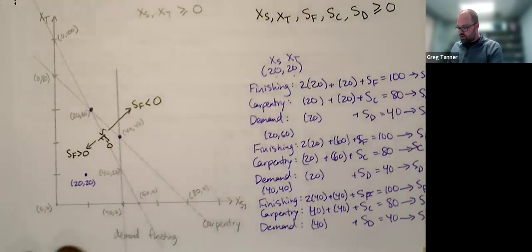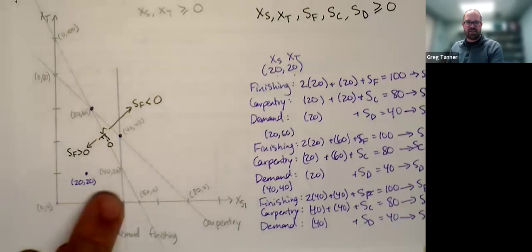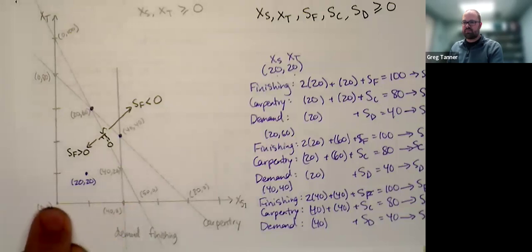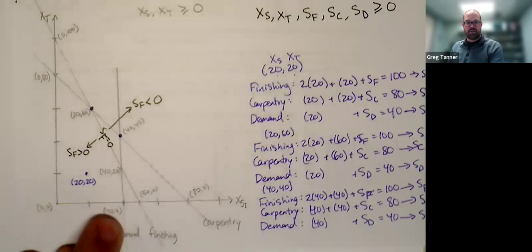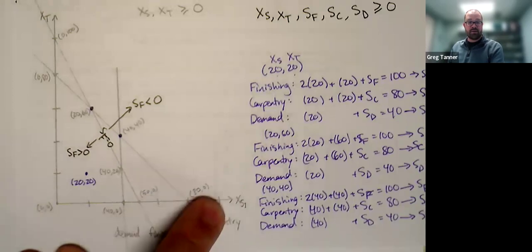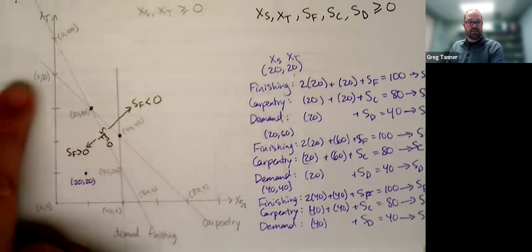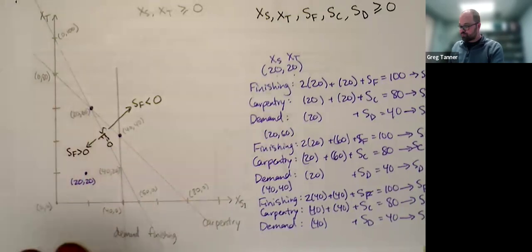I've labeled each of the basic solutions here in their xs and xt coordinates. So 0, 0 is the intersection of my two non-negativity constraints; the two axes are constraints as well. 40, 0 is a basic solution. 50, 0, 80, 0, 40, 40, 20, 60, 0, 80.